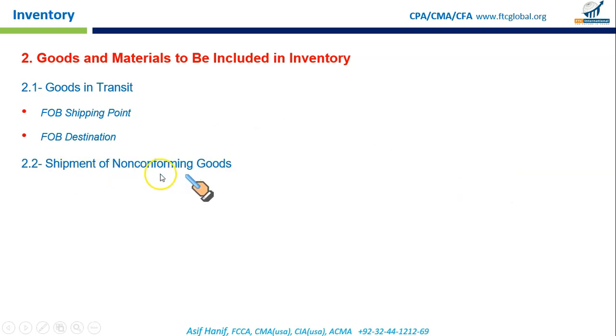Shipment of non-conforming goods. What are non-conforming goods? These are the goods that do not match what the buyer wants, or they do not match the order or the agreement between the buyer and the seller. When the seller ships such non-conforming goods to the buyer, the title reverts to the seller once the buyer rejects the goods.